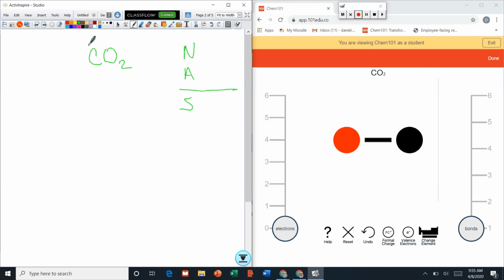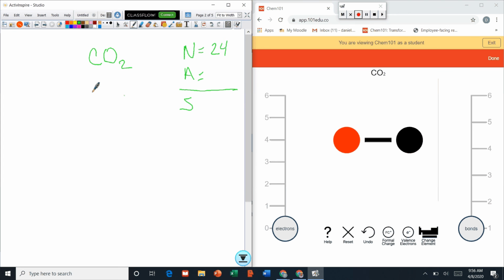If each one of these had 8 electrons total, a full octet, we would have 8 times 3, which is 24. So we need 24 electrons. We're not ever going to get to that total number of 24. That's just if we lived in an ideal world and everything had an octet. All right.